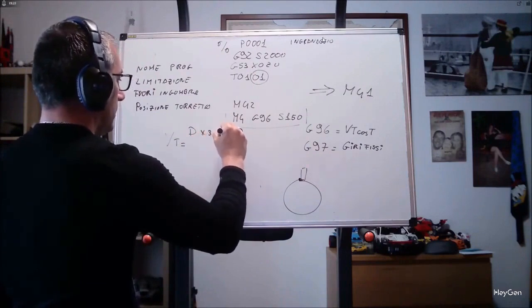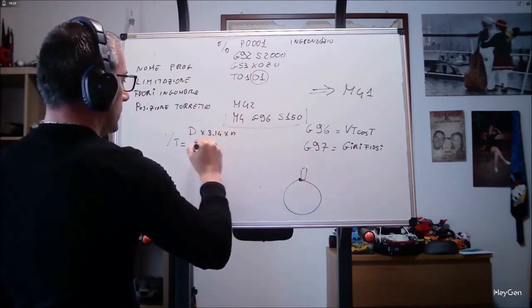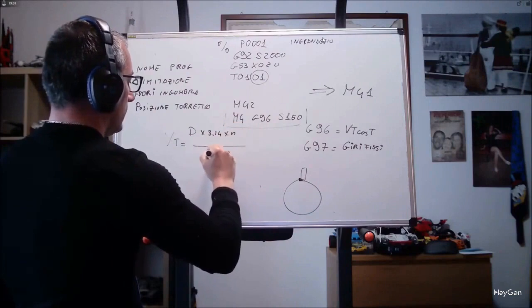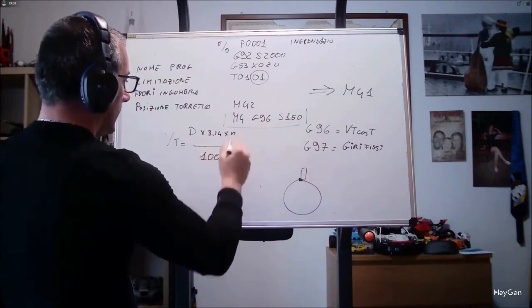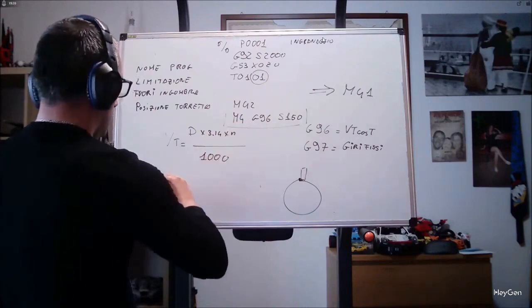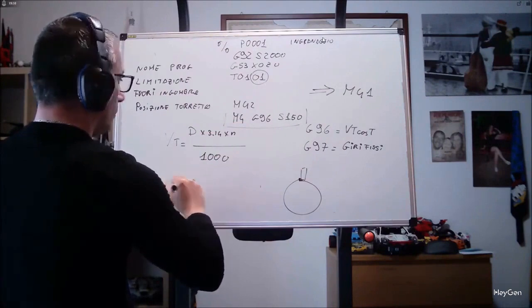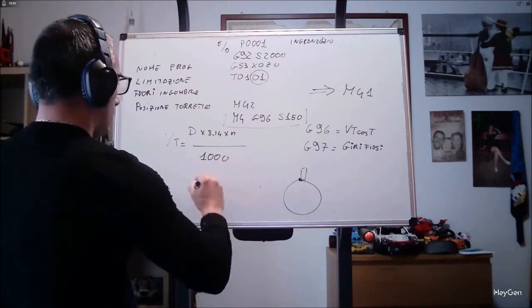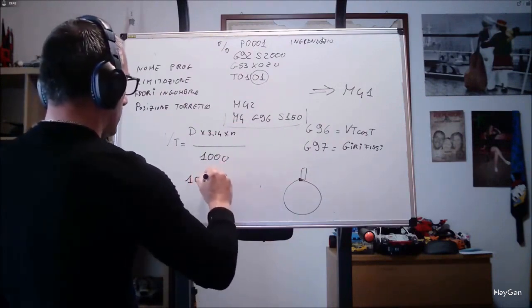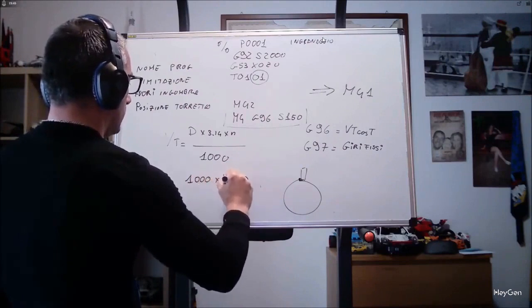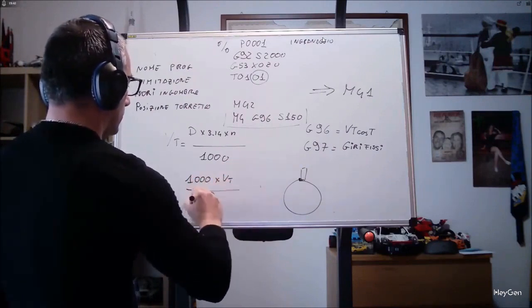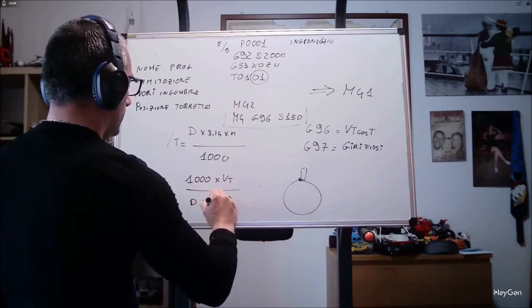From which it derives that N, meaning the number of revolutions, is equal to 1000 times the cutting speed divided by the diameter times 3.14.